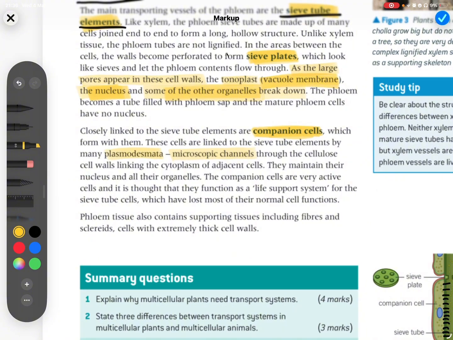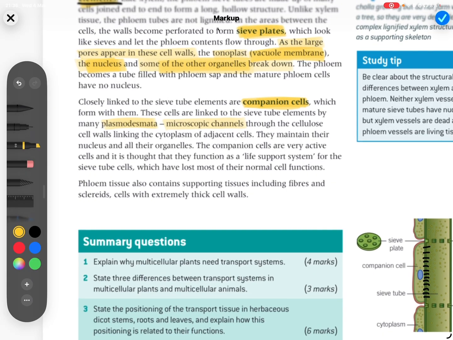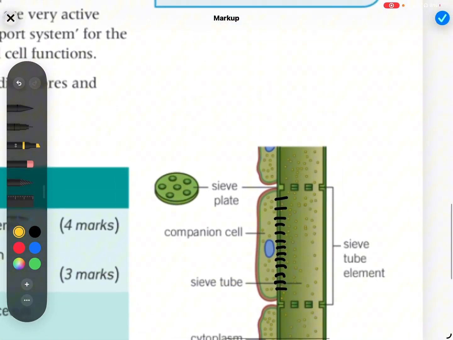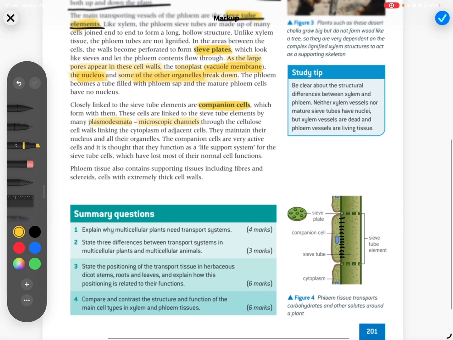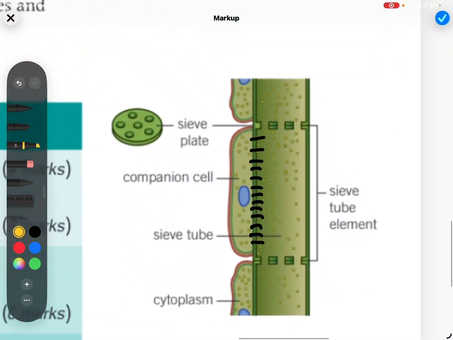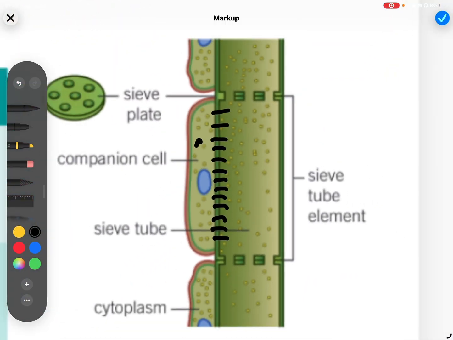Now, what does that mean? It means the cell walls are there, but they're kind of gone in some areas, creating little channels. The cytoplasm of this cell, through these microscopic channels, can mix with this one. The companion cell has the nucleus and everything, so it gets how it functions and gives some to the sieve tube element.